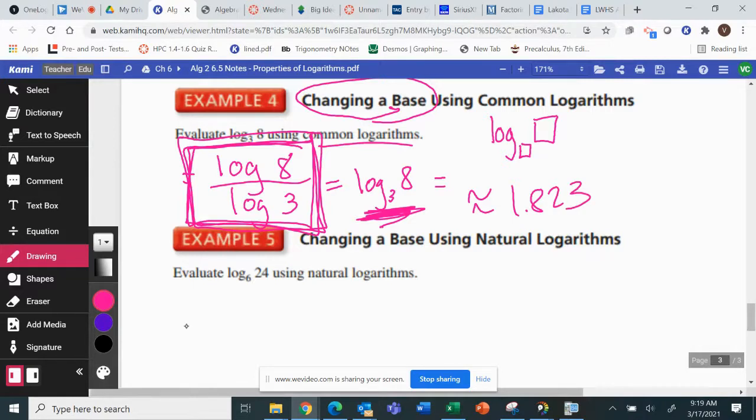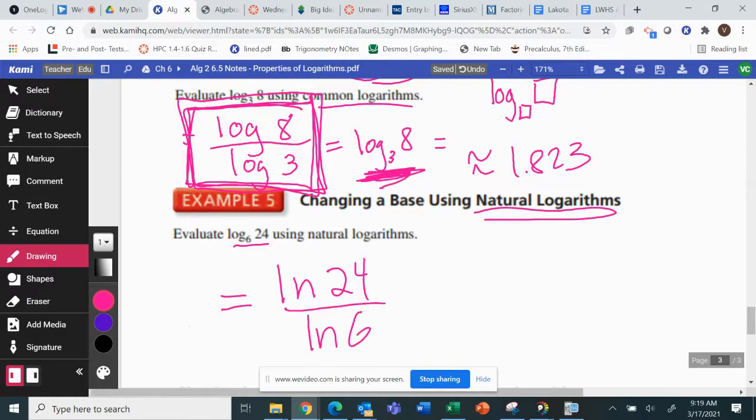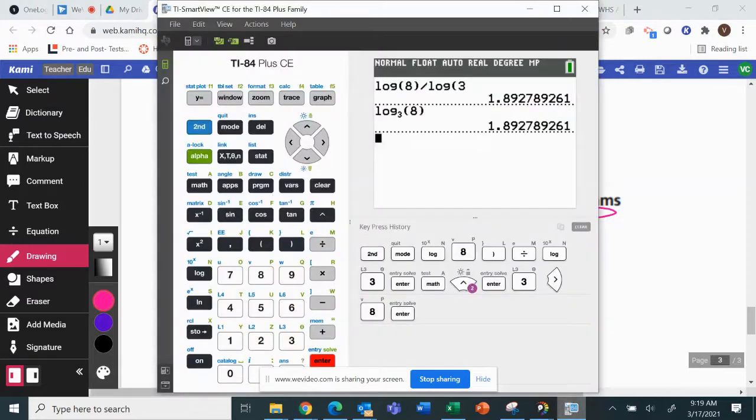And then example 5 is how to change the base using natural logarithms. So here I've got log base 6 of 24. I can type into my calculator ln 24 over ln 6. You can type that into your calculator and it will give you the exact same answer as typing in log base 6 of 24. ln 24 divided by ln 6.